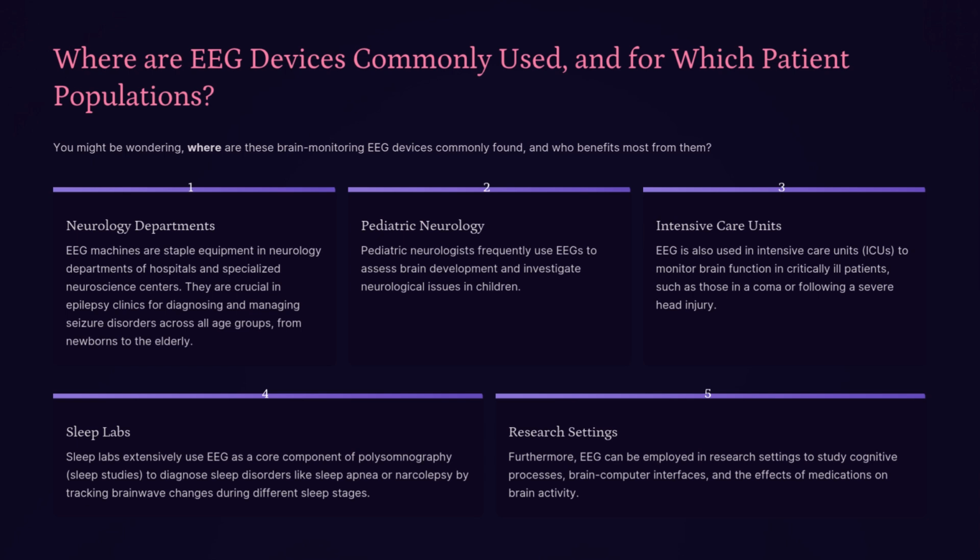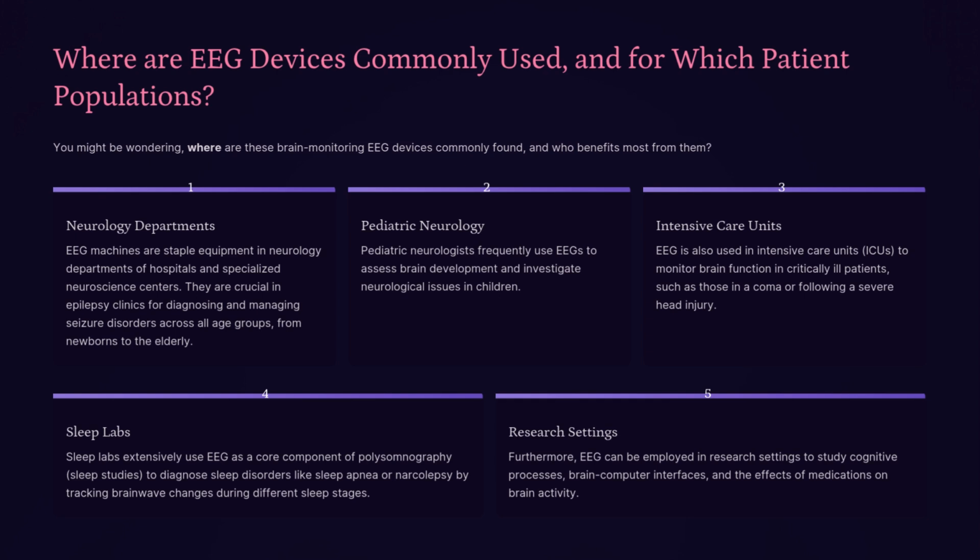Where are EEG devices commonly used, and for which patient populations? You might be wondering, where are these brain monitoring EEG devices commonly found, and who benefits most from them? EEG machines are staple equipment in neurology departments of hospitals and specialized neuroscience centers. They are crucial in epilepsy clinics for diagnosing and managing seizure disorders across all age groups, from newborns to the elderly.